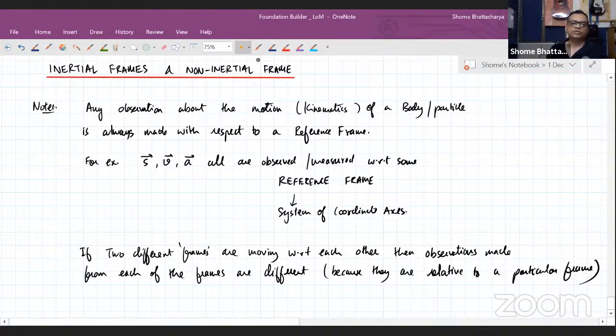So this is the concept of relative motion in kinematics. Just make a note of this statement first, then we'll see what is inertial frame and what is non-inertial frame.